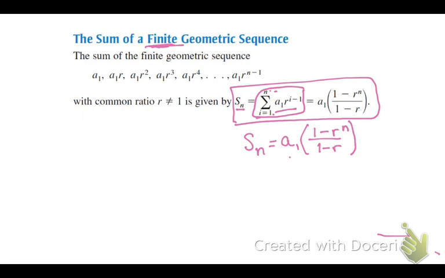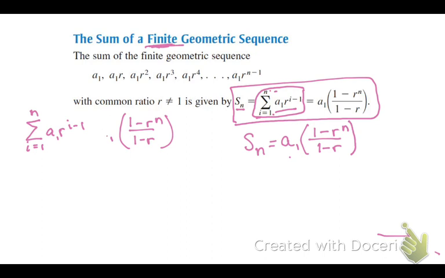I would personally write the sum from i equals 1 to n of a sub 1 r to the i minus 1, that should be an n, equals a sub 1 times 1 minus r to the n over 1 minus r. That's what that is.